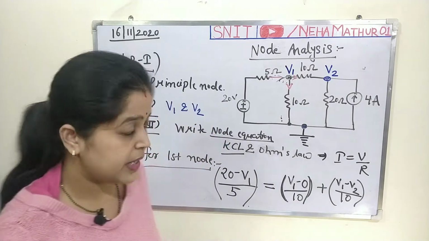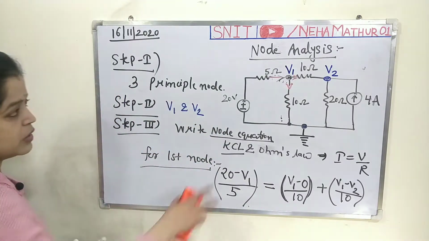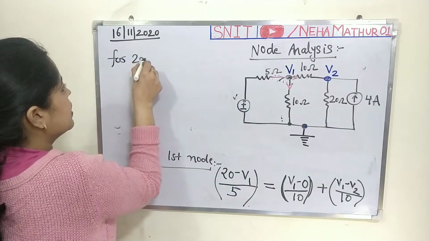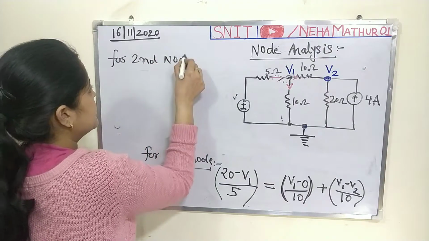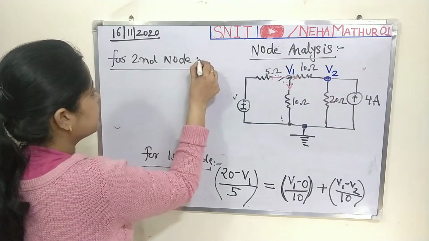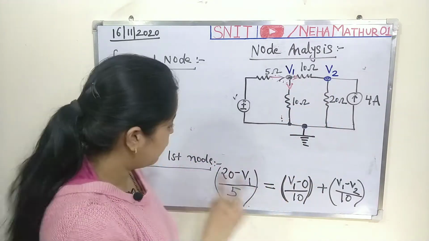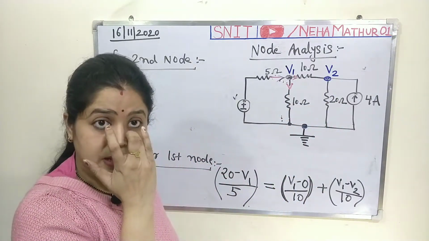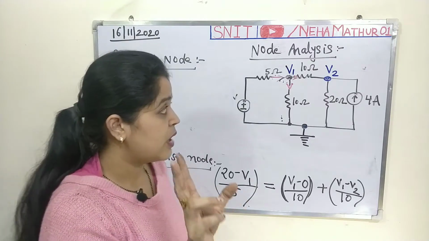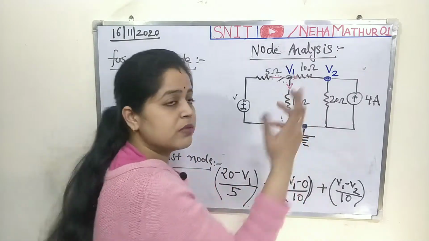Now you will have to write a node equation for the second node. Before writing the equation, the first thing you will have to mention is the direction of the current.